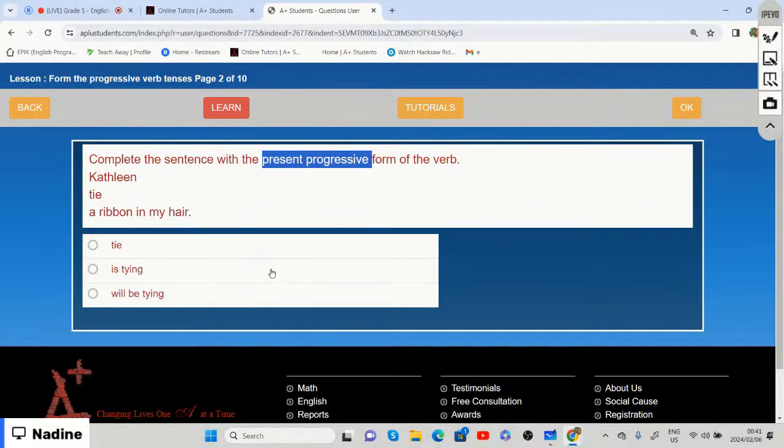Which one is the correct one? And if we choose the correct one, we will say is tying. And is tying is correct.